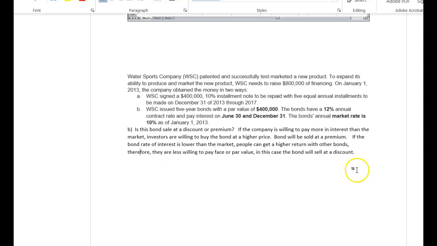So, that being said, how much were the bond proceeds? And then the next question is, what is the entry to record the bond sale?